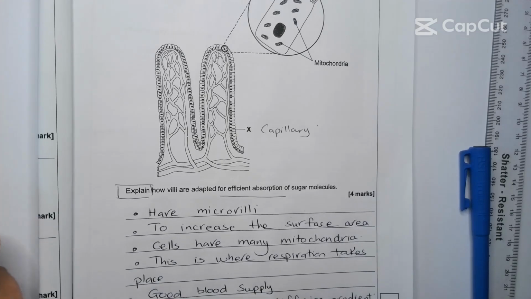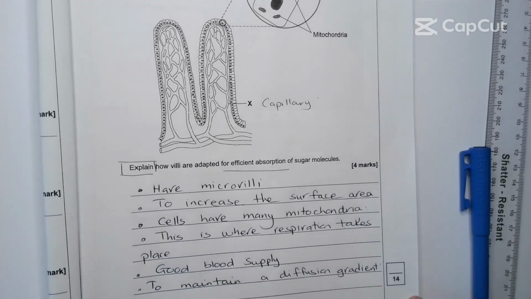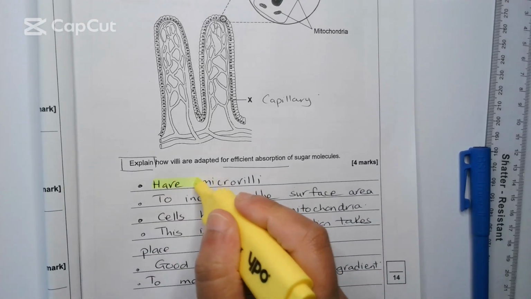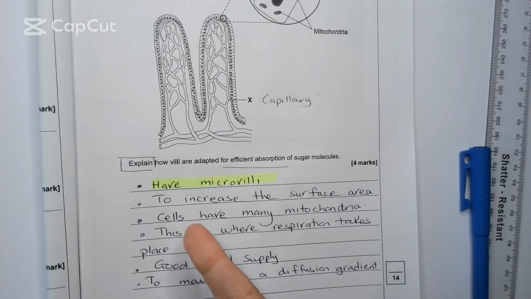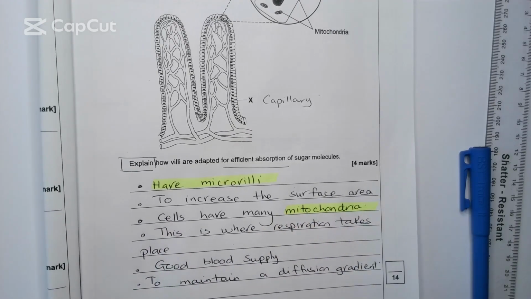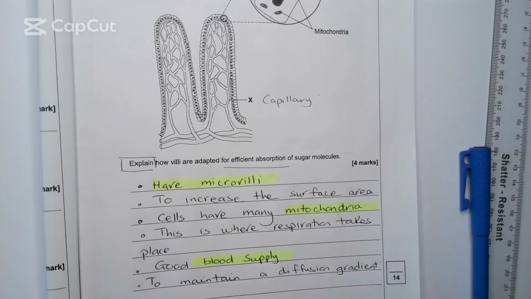And that should be enough. So if I just go through with my highlighter, you don't have to do this, it's just me pointing it out to you. So the adaptations I've spoken about, microvilli, mitochondria, and a good blood supply. And everything else is the explanation bit. Okay?